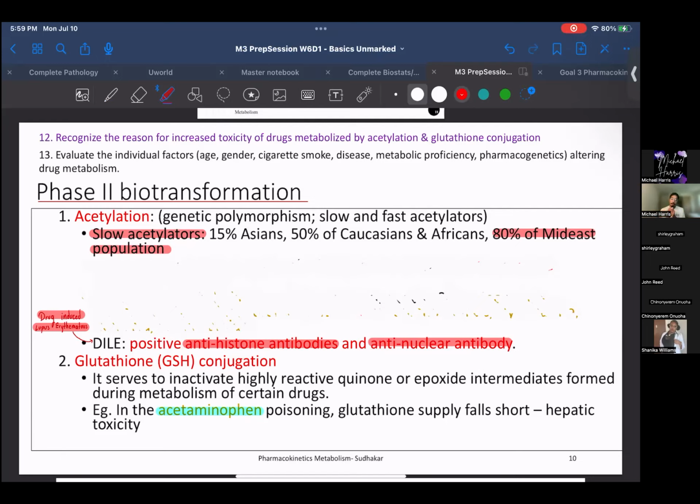Okay, good. Now, the next thing is people who take drugs that fall into this category that need to be acetylated, if they take them and they overdose on them, they end up with something known as drug-induced lupus erythematosus, also known as DILE.